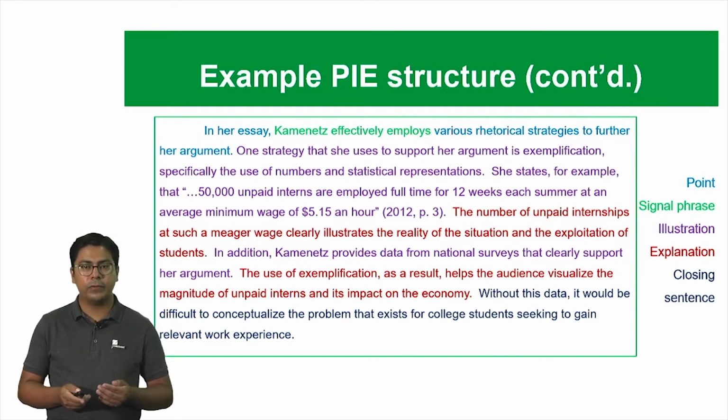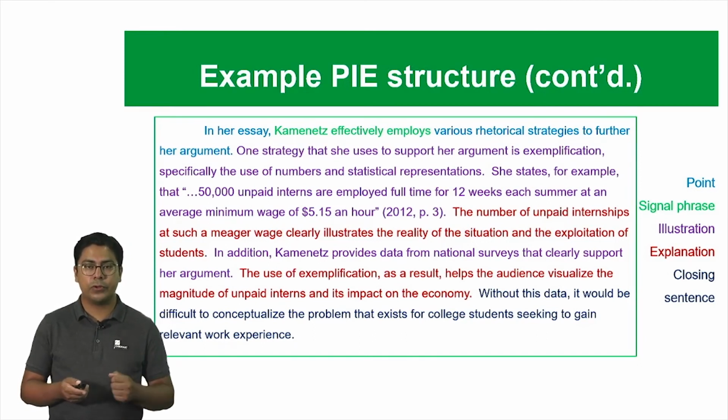Ideally, in a paragraph, you can have up to 3 illustrations and explanations, and that's going to give you more credibility as an author because you're going to use more support for your topic sentence. Another interesting thing we see in this paragraph is the closing sentence, which takes all these explanations further and ties the whole content together.